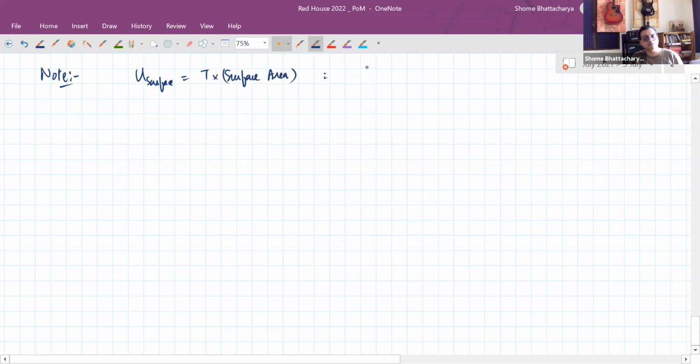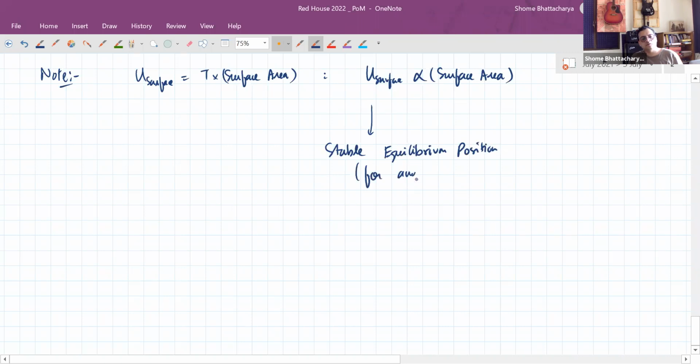Okay, so in other words, because surface energy is directly proportional to surface area, that is why the stable equilibrium position for any liquid surface is at a configuration where the surface area is the minimum possible.